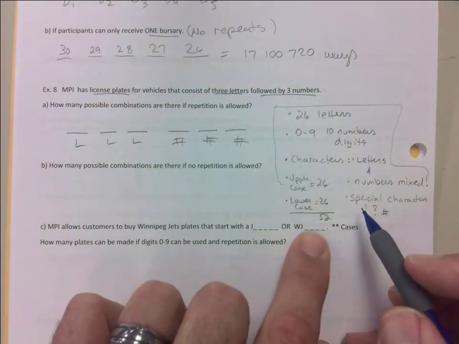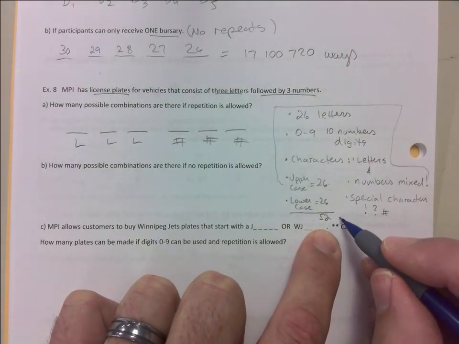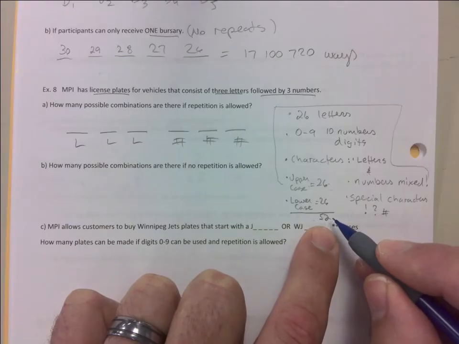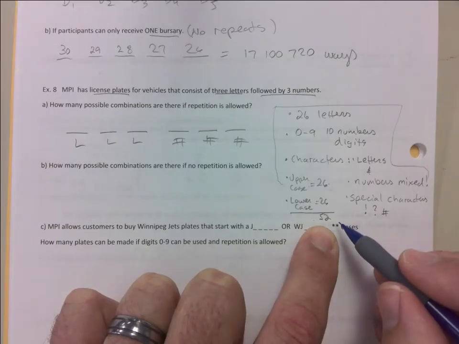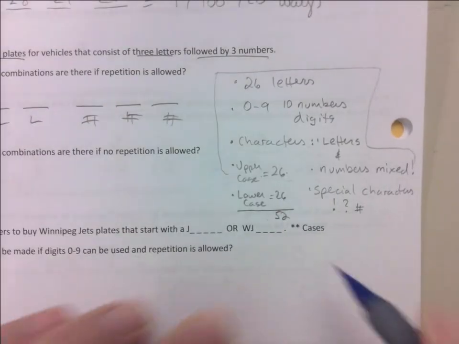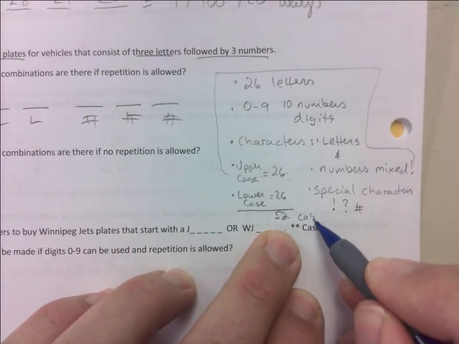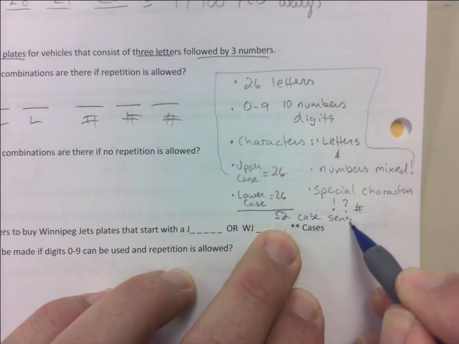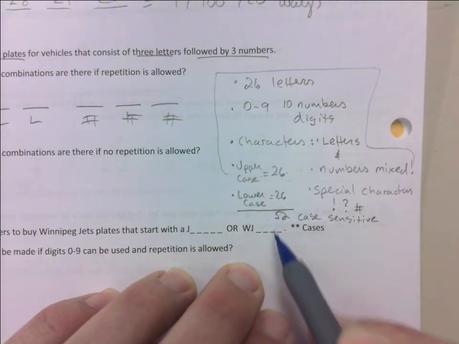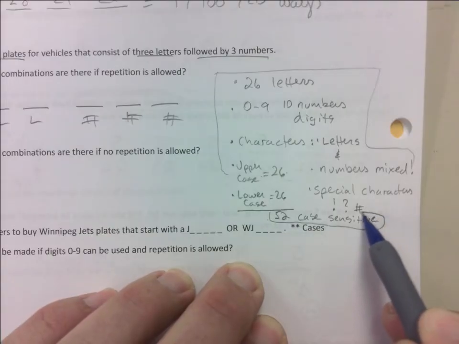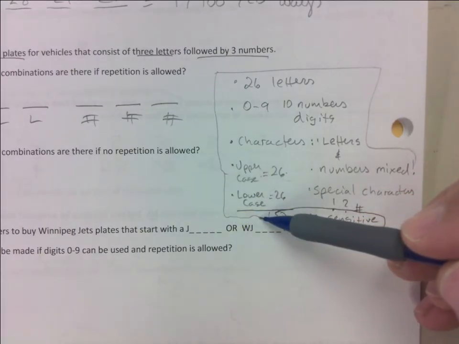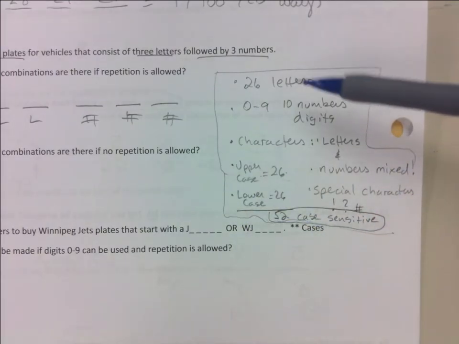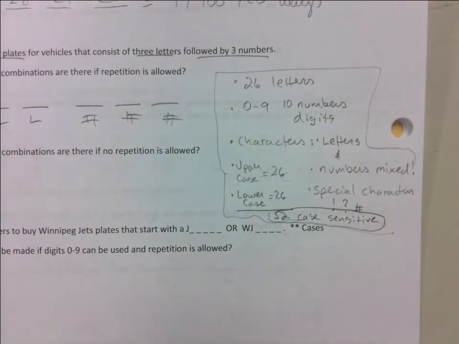Okay. It's getting crowded here. I might have to redo this later. You know how we refer to 52 if we care whether it's lower or uppercase? I'm going to zoom into that part so you can see it better. It's called case sensitive. I'll probably redo this at some point later on. Remind me of that later on, but these are just some things in the background when it comes to passwords.